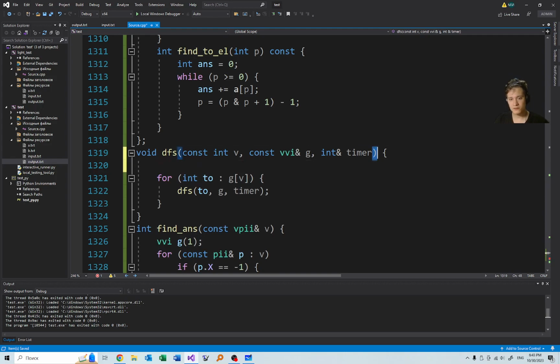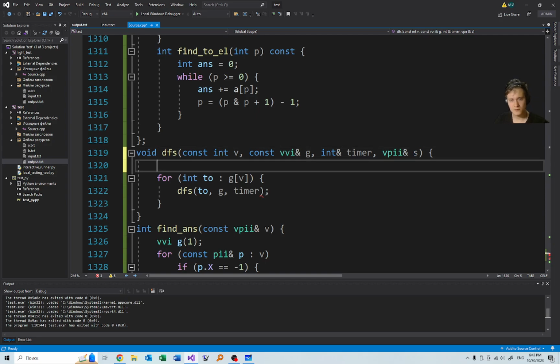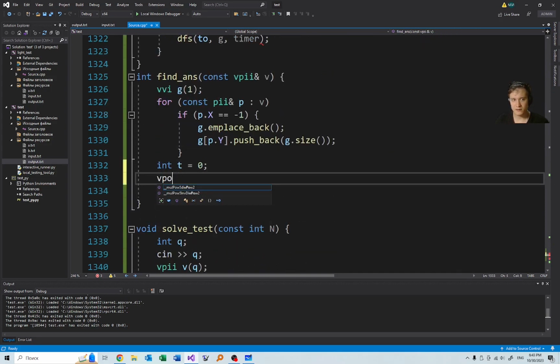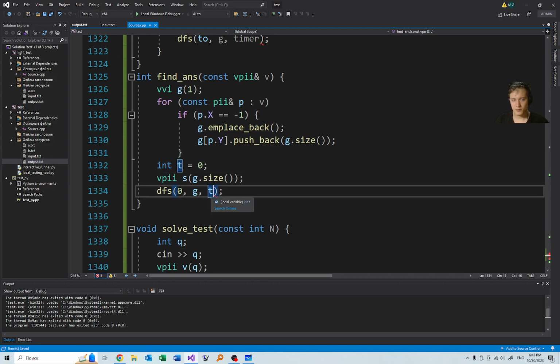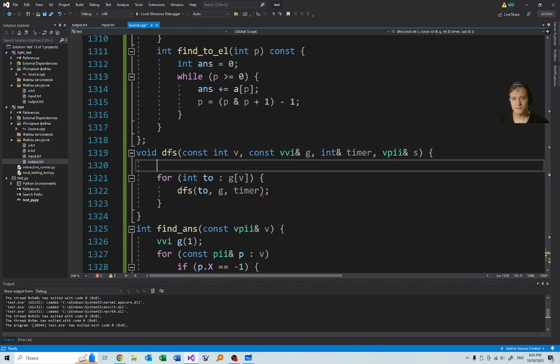And also we would like to store, for each vertex, its segment. So let's also make vector of pairs of ints, of size g.size. We pass it, and this is what we would like to fill.